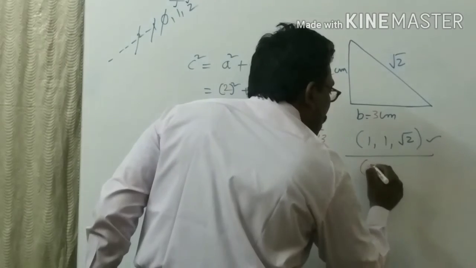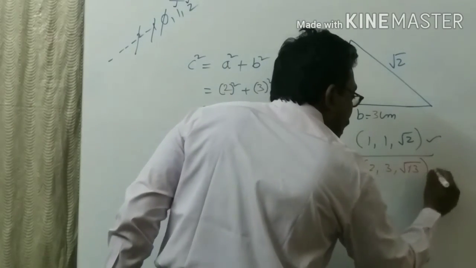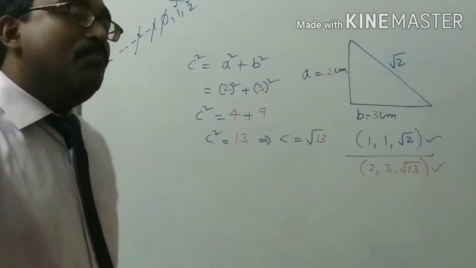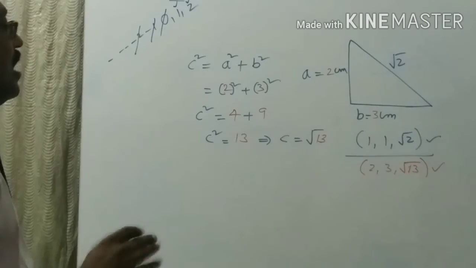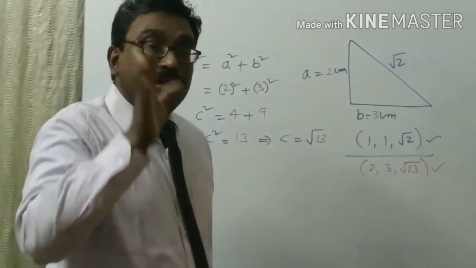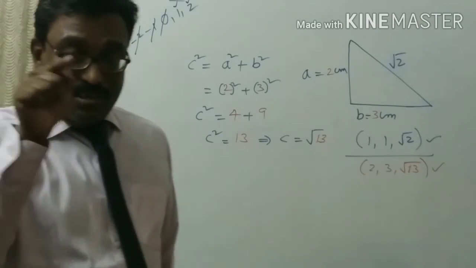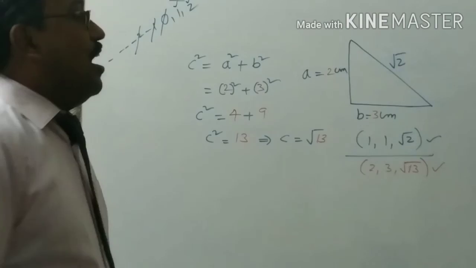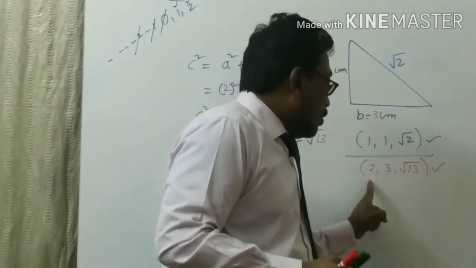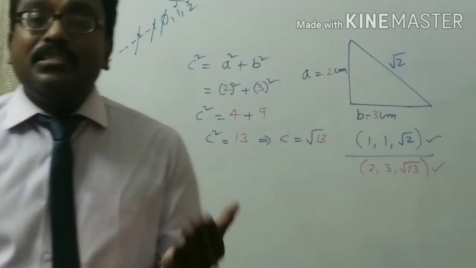So, 2 comma 3 comma root 13 is also a Pythagorean triplet. So, the earlier formula 2m, m square minus 1, m square plus 1 will give you Pythagorean triplets in rational numbers, of course natural numbers. This way, we can write 1 comma root 2, 2 comma 3 comma root 13, in irrational numbers.